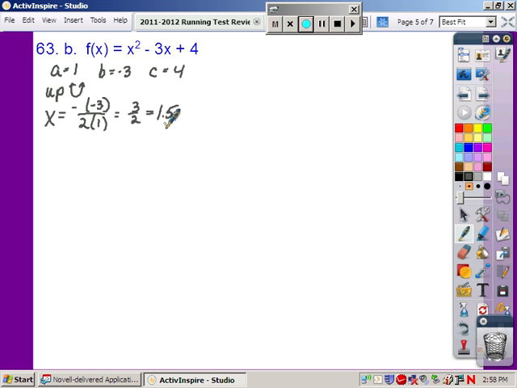Let's do a vertex. So vertex, stick the 1.5 in for x. So I'm going to say 1.5 squared minus 3 times 1.5 plus 4. I'll use a calculator real quick for that.